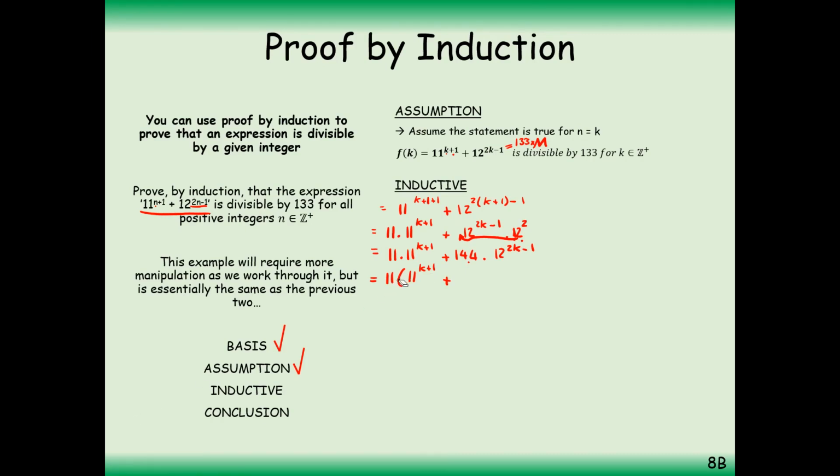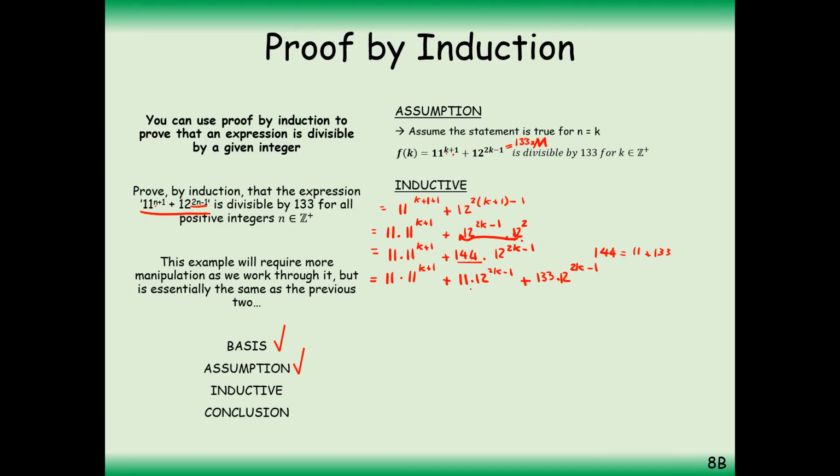Writing this proof takes a bit of time, so I'm actually going to take a little bit longer than I need to, and write this as 11 times 12 raised to the power of 2k minus 1 plus this 144. Basically, I'm writing 144 as 11 plus 133. Okay, so I'm going to put 133 here multiplied by 12 raised to the power of 2k minus 1.